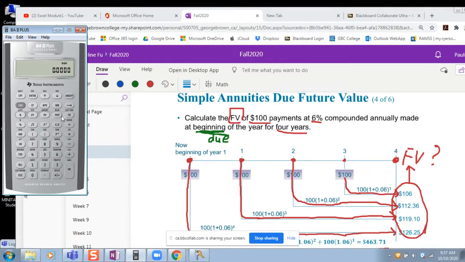And then I will go in sequence: 100, negative PMT. 6 is I/Y. 4 is N. 0 is PV. Compute FV.